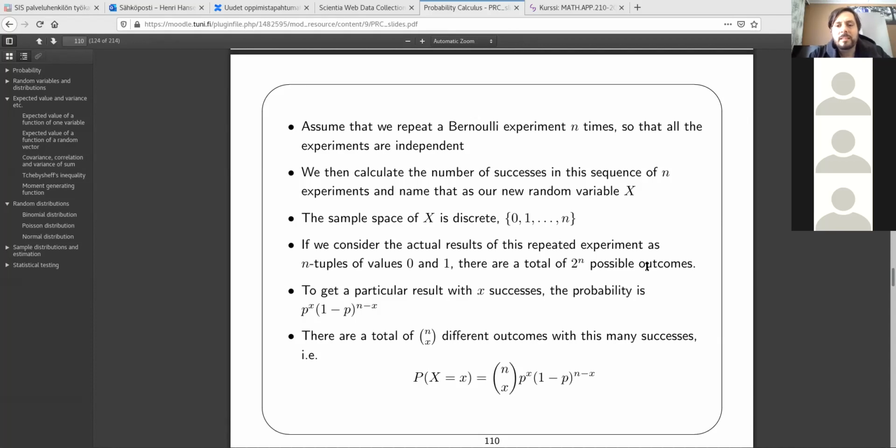So how many ways can these x successes out of n come about? That's n choose x. So the probability that in our repeated experiment we get x successes is n choose x times p to the power of x times 1 minus p to the power of n minus x.